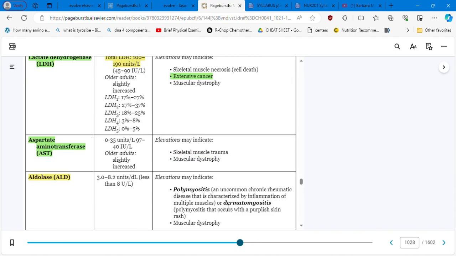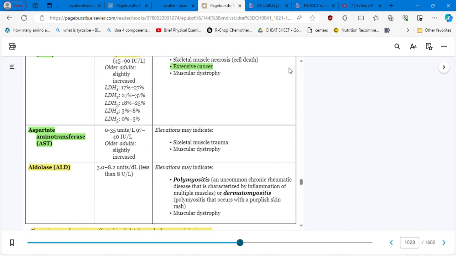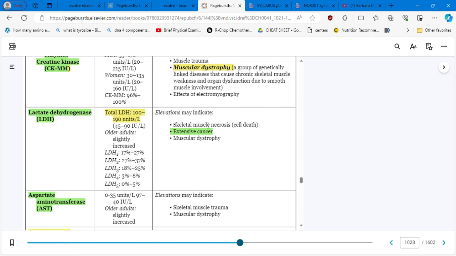The elevations are related to skeletal muscle necrosis, which is cell death, but also it's going to give you an idea of extensive cancer, so cancer of the bones. So having said that, cancer of the bone, I want you to think about lactate dehydrogenase in leukemia, right?